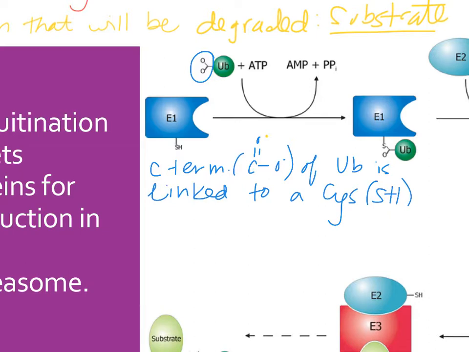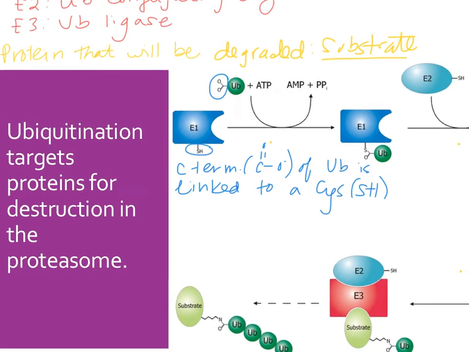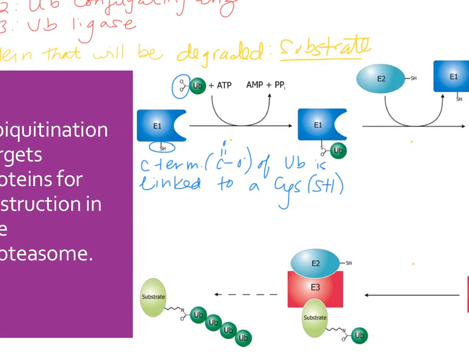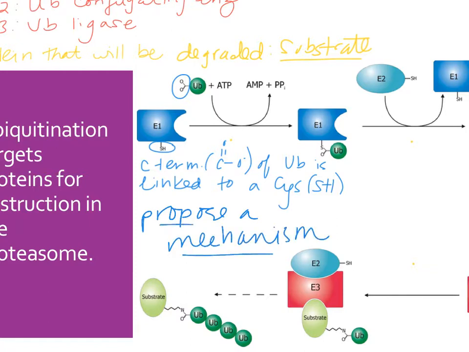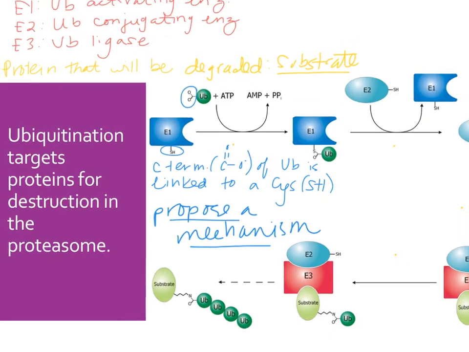So there's a cysteine right there. When you're taking notes or practicing this, I'd like you to propose a mechanism for this linkage, for the connection between the carboxylic acid and the thiol group.